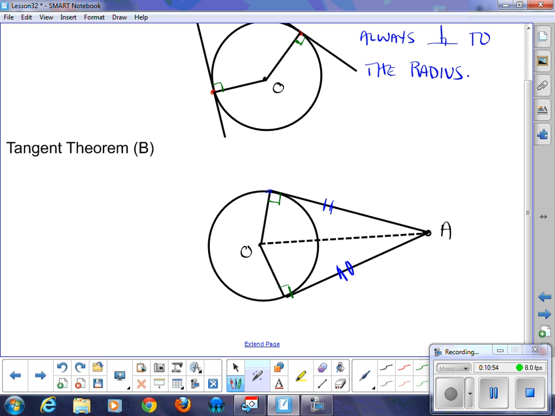I'll put some letters on here to help with the summary, that AB is equal to AC, and that's when two tangents are drawn through a common point.